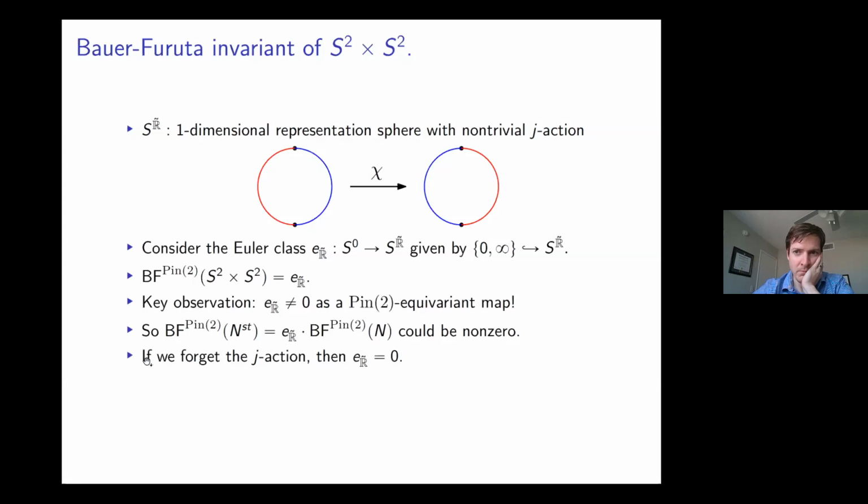Also, let me remark that if you forget about this J action, then this inclusion map is null-homotopic. That's essentially the reason why just using the S^1-equivariant or the non-equivariant version of the Bauer-Furuta invariant is not enough to prove the theorem. Any questions?